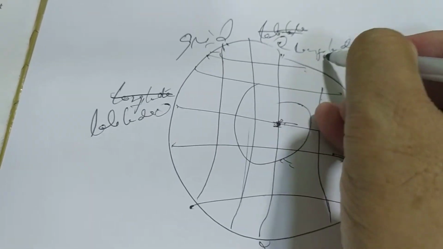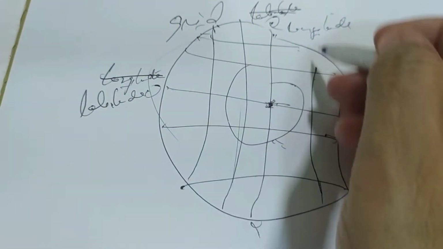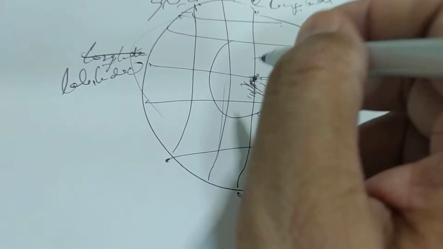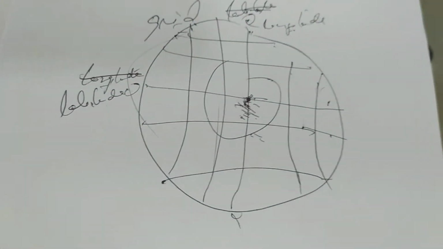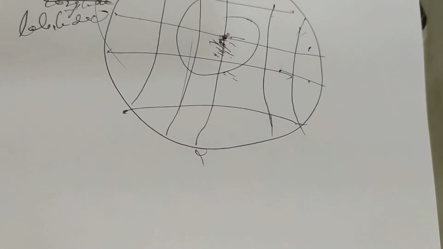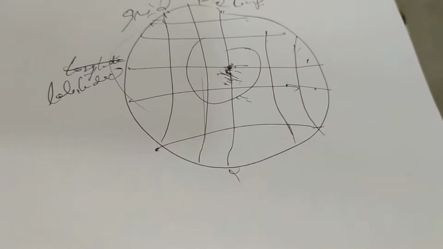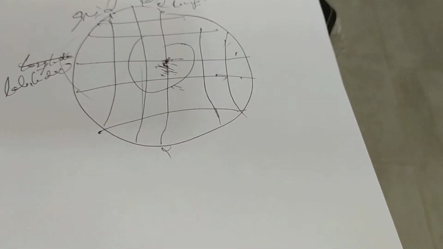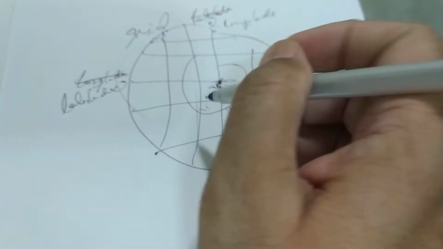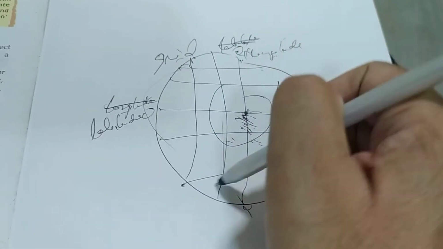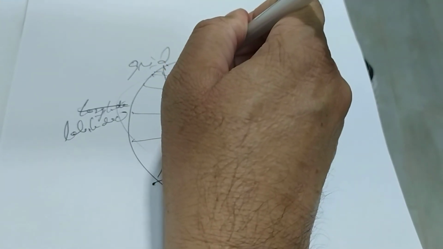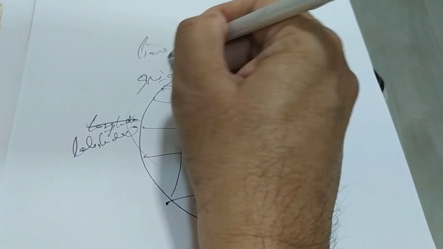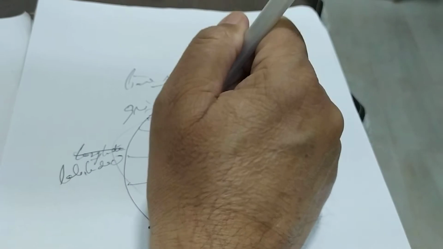So we should know the longitude and latitude of that place, and with the help of that longitude and latitude we can find out where the place is located on this grid. Where two lines cross each other, at that point of intersection you will find the place that you want to find. And with the help of longitude, you can also find the time of a place sitting at your home, which you will read in class 6th, how to calculate this time.